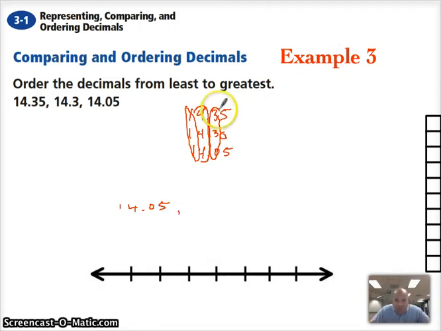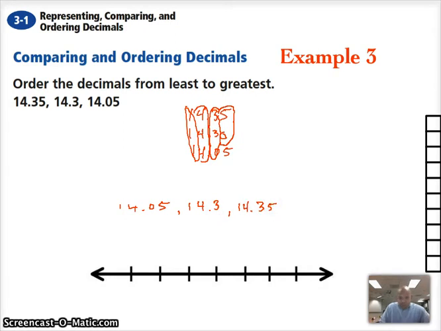Now we need to go to the next place value to see which is the bigger one here. And when we go to the 100 spot, 5 is bigger than 0, so that means 14 and 3/10 is next, followed by the biggest one, which is 14 and 35/100.